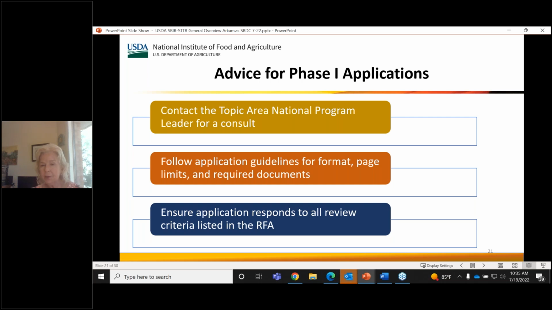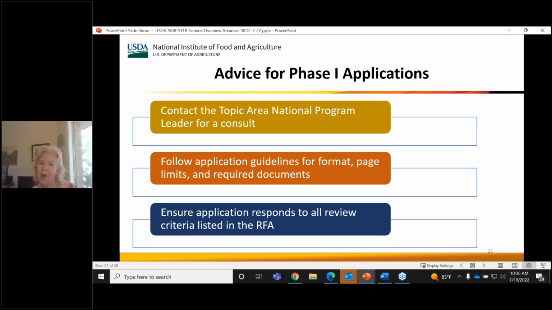You don't have to do it this way, but what I suggest is you write a very brief, informal 1 to 2 paragraph summary of your innovation in an email to the national program leader, and then ask for a consult time. That gives the national program leader just a minute to understand where you're coming from and be a little more prepared for your consultation.